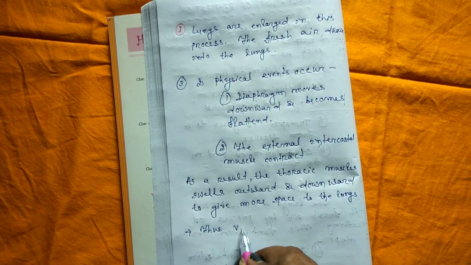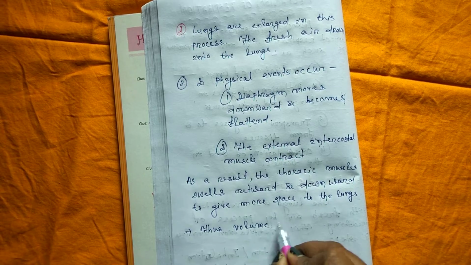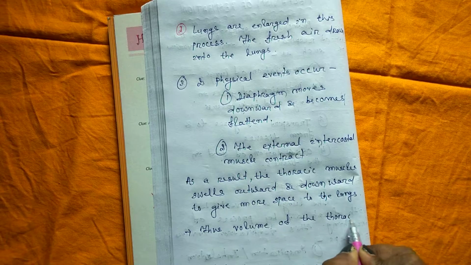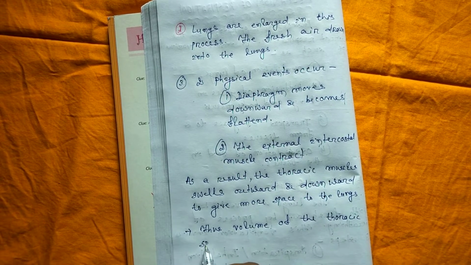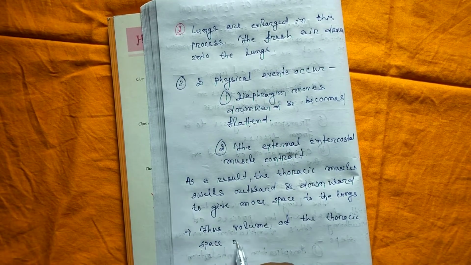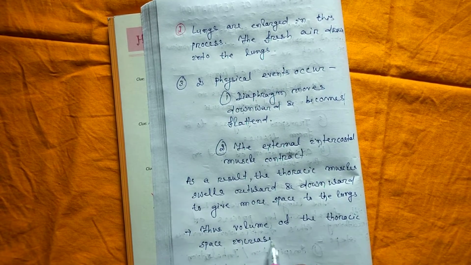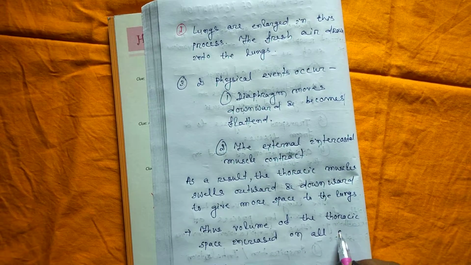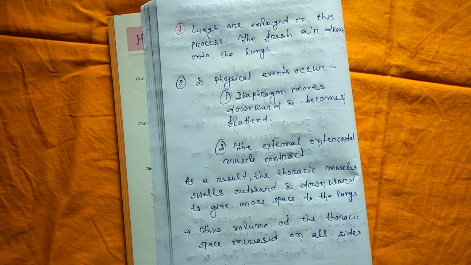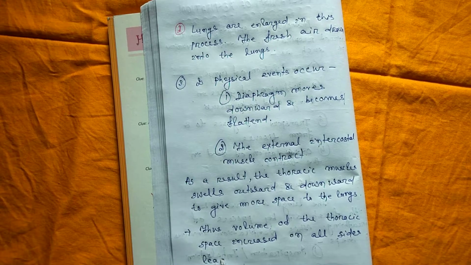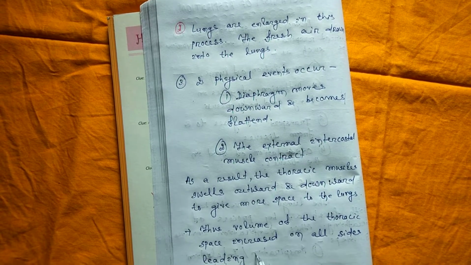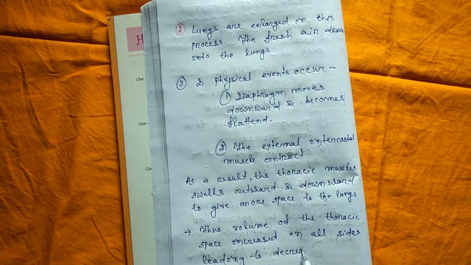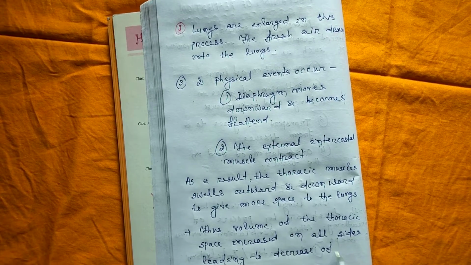Thus the volume of the thoracic space increases on all sides, leading to a decrease of air pressure in the lungs.